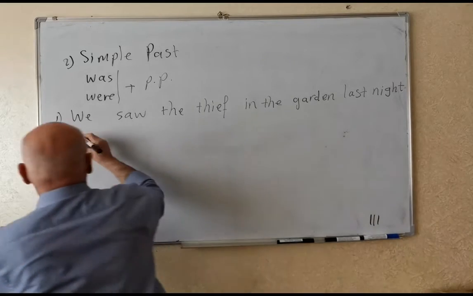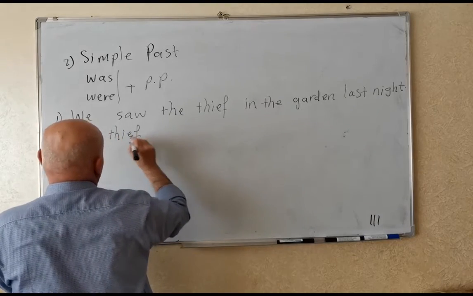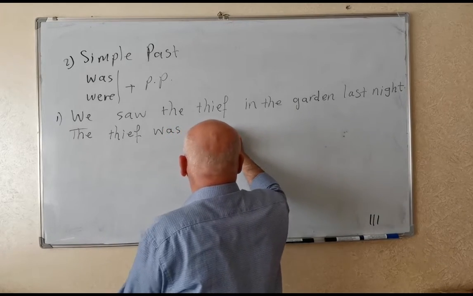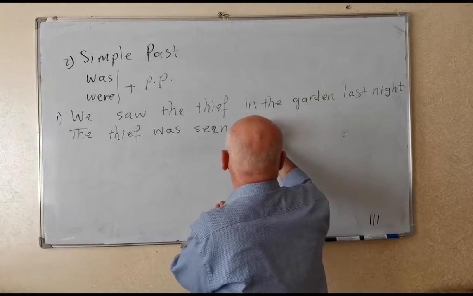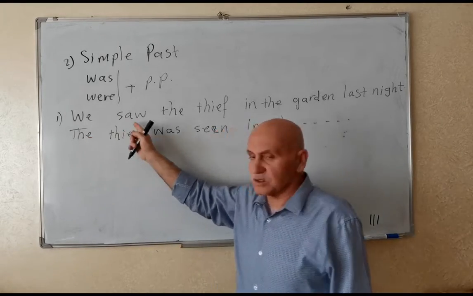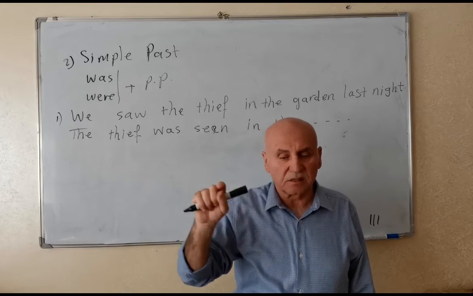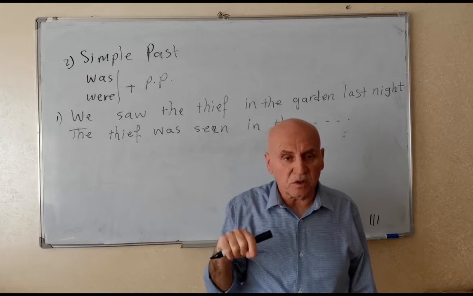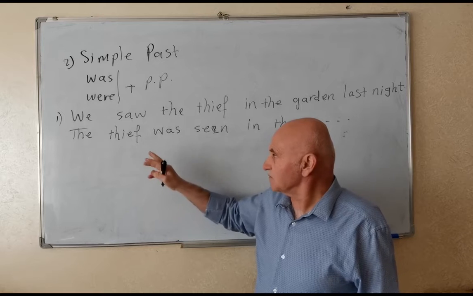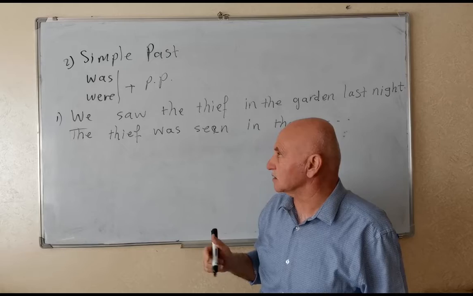The thief was seen in the garden last night. Why was seen? Because we have the verb in the past. So the passive form is formed by using was or were plus the past participle.